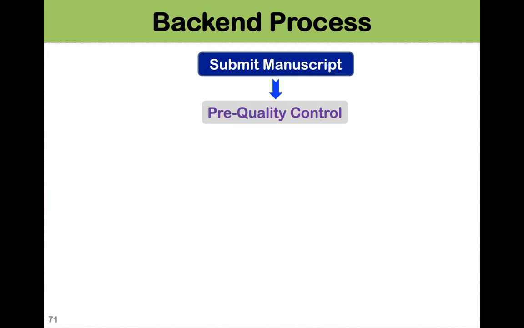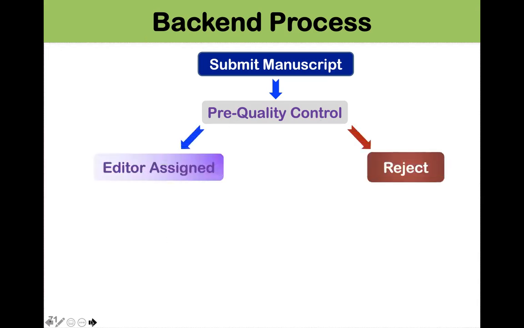In the pre-quality control, based on your language, inability to follow instructions, you can either reject or you can assign an editor, right? You decide where you want to go, right? Once the editor is assigned, only then the editor gets a request to review the article and the editor can sit on it, or the editor says, you know what, nah, I don't see this, the English language is poorly put together.